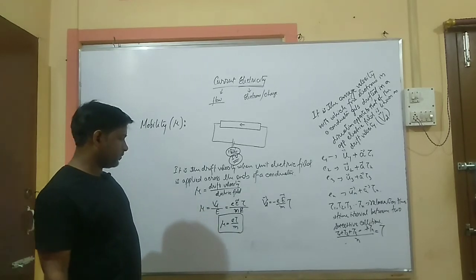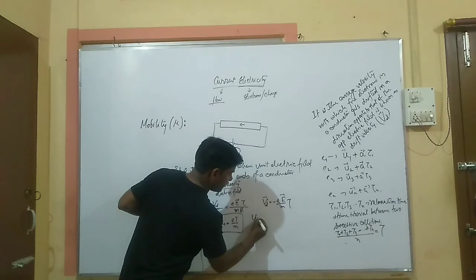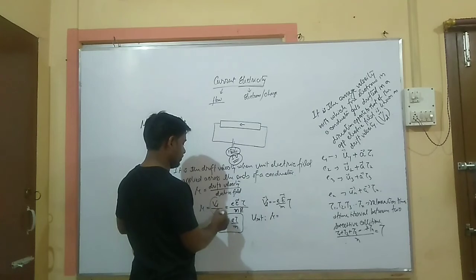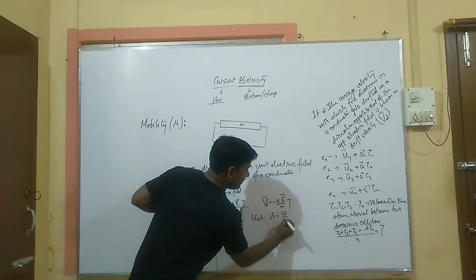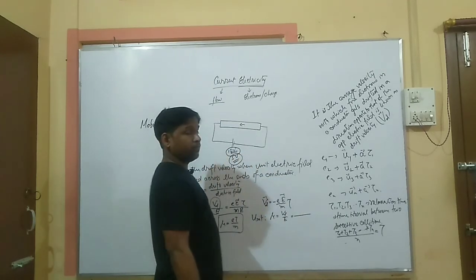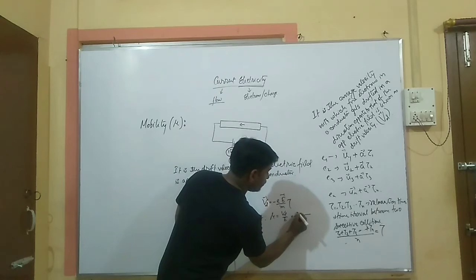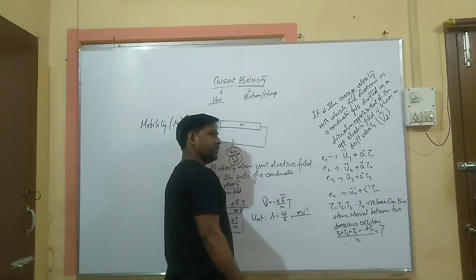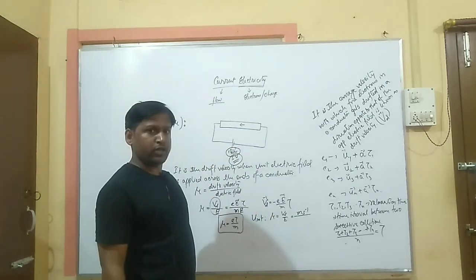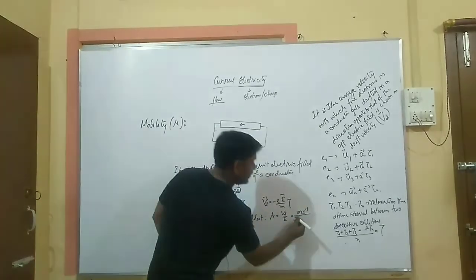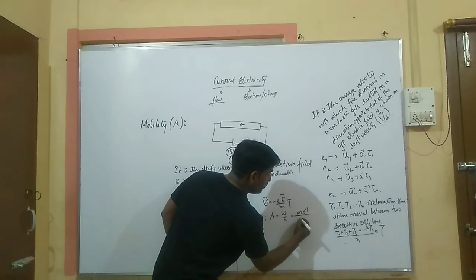Now if we find the SI unit, mu equals v_d by E, and v_d is the drift velocity, so it has the unit of meter per second. Electric field E is the force per unit charge, which you will study in the electrostatics part, so here we use Newton per coulomb.